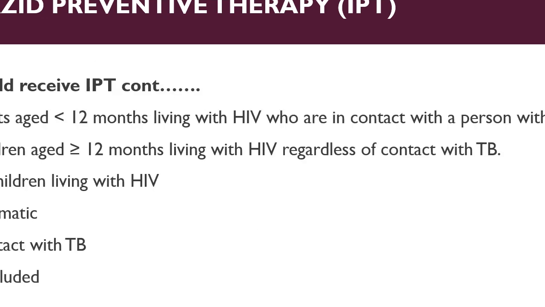Among children, who should receive INH preventive therapy? All the infants less than 12 months of age who have HIV and who are in contact with a person who has tuberculosis.